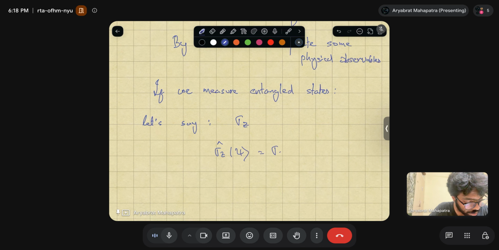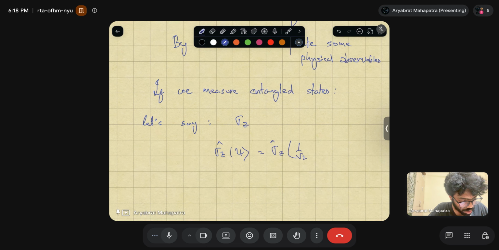So sigma z will operate on this whole thing. If you see, there is only one operator, but there are two states.